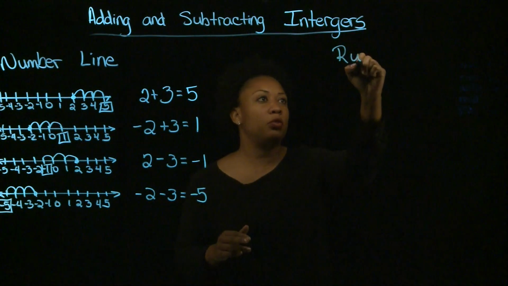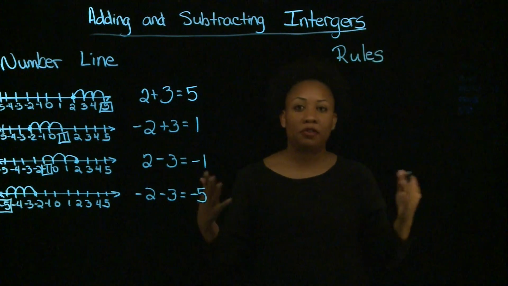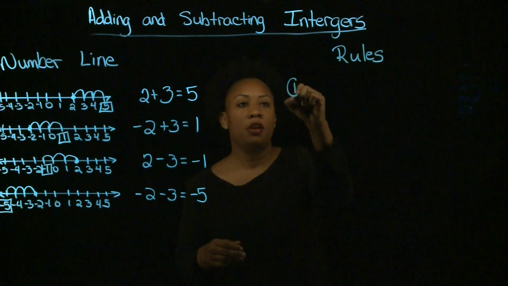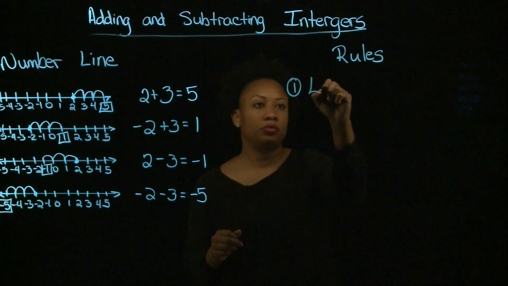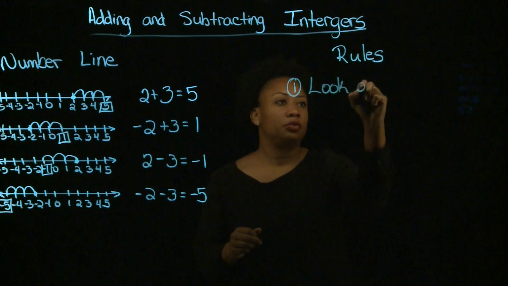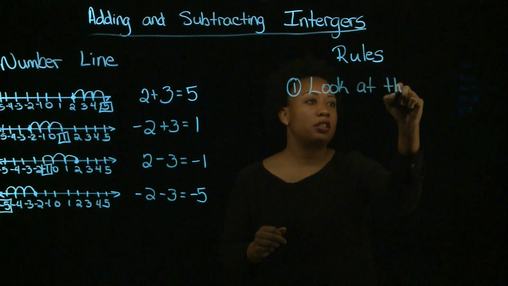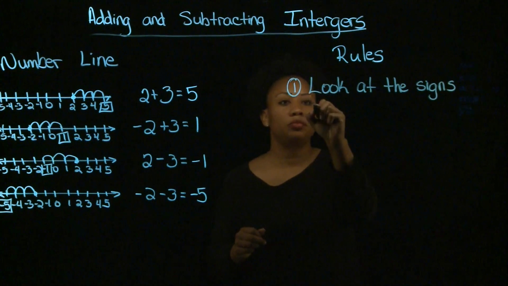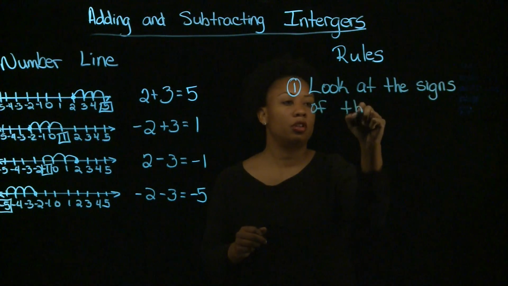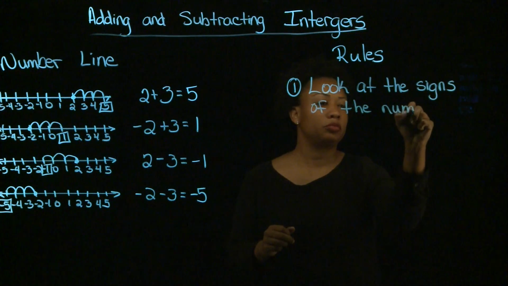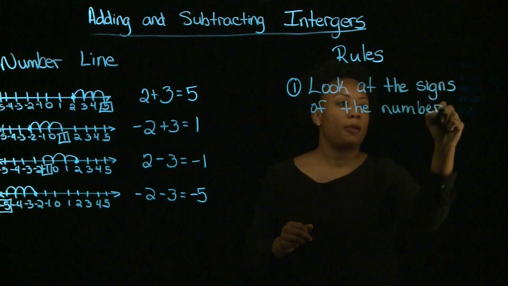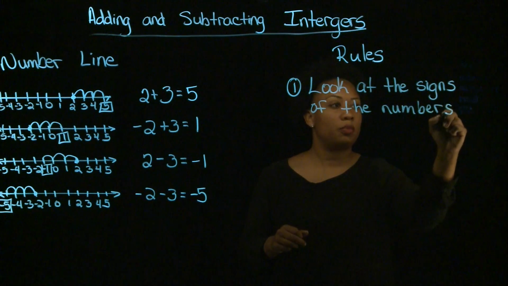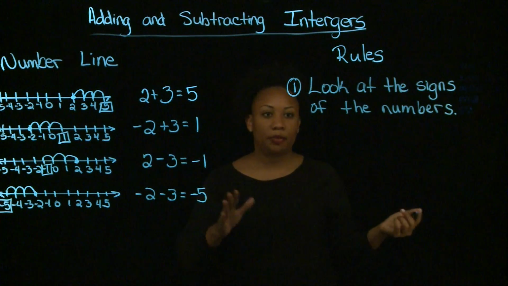Now, if you're more of a rules type person, let's give you some rules. The first thing you can do is look at the signs of the numbers. What do I mean?